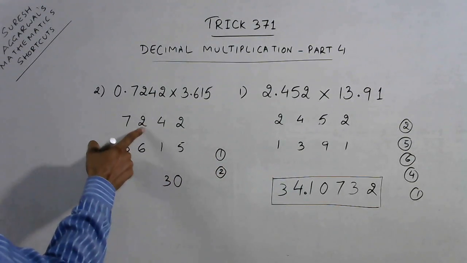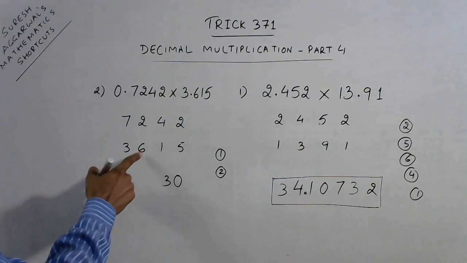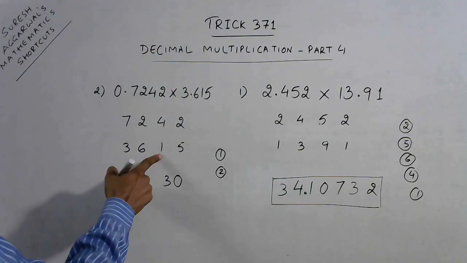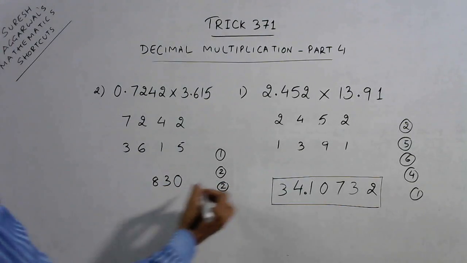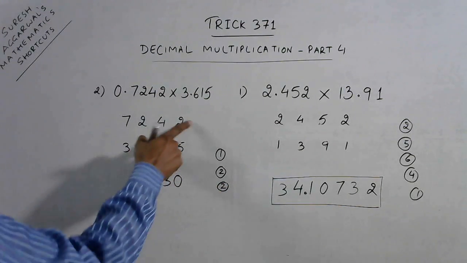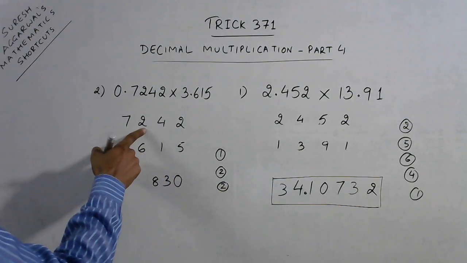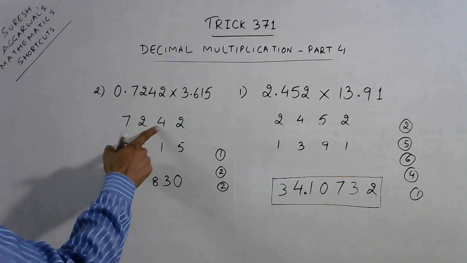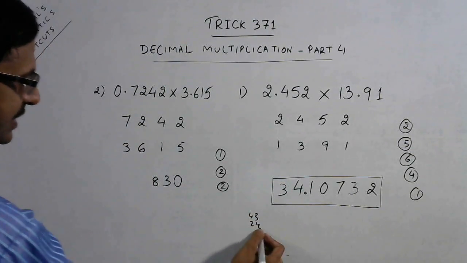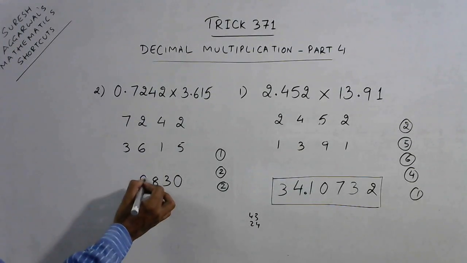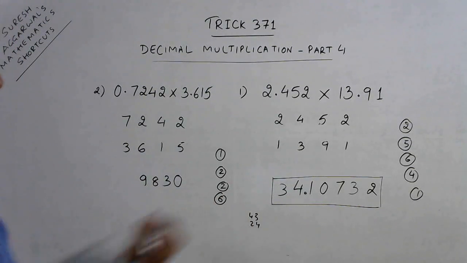Now 3 pairs, 10 and 12, 22, 26, 28. So 8, 2 carry. Now 4 pairs, 35, 41, 43, 43 and 24. So 43 and 24 gives you 67, and 2, 69, 9. So you have a 6 carry.